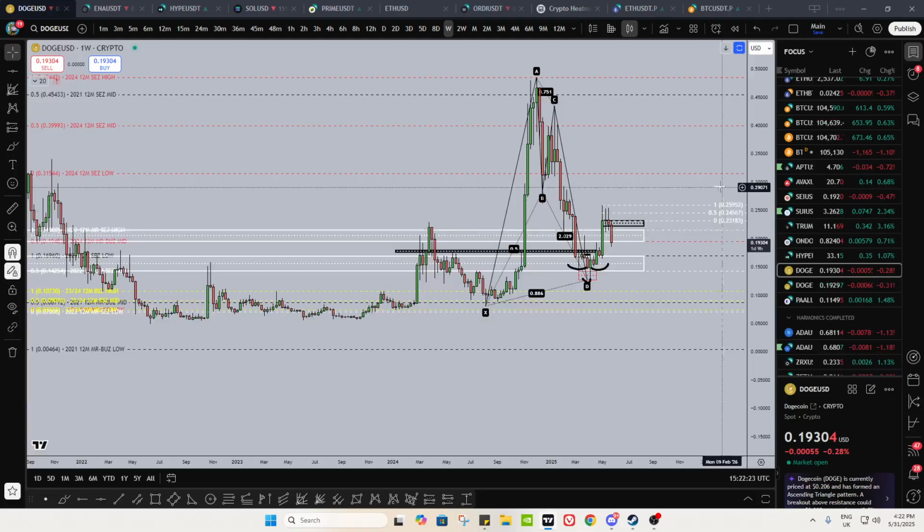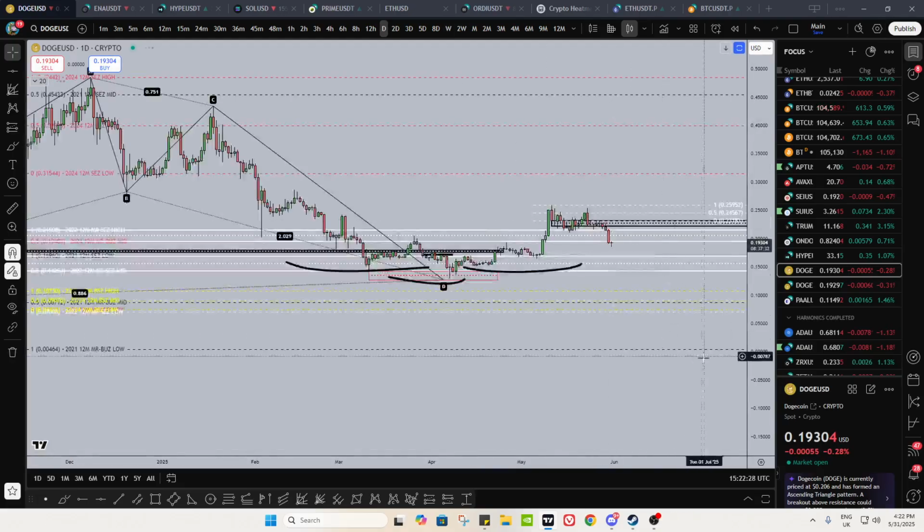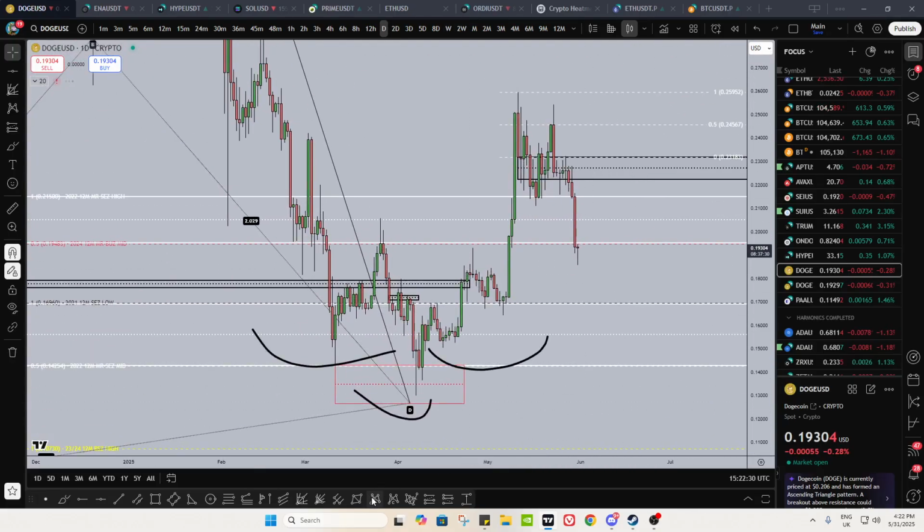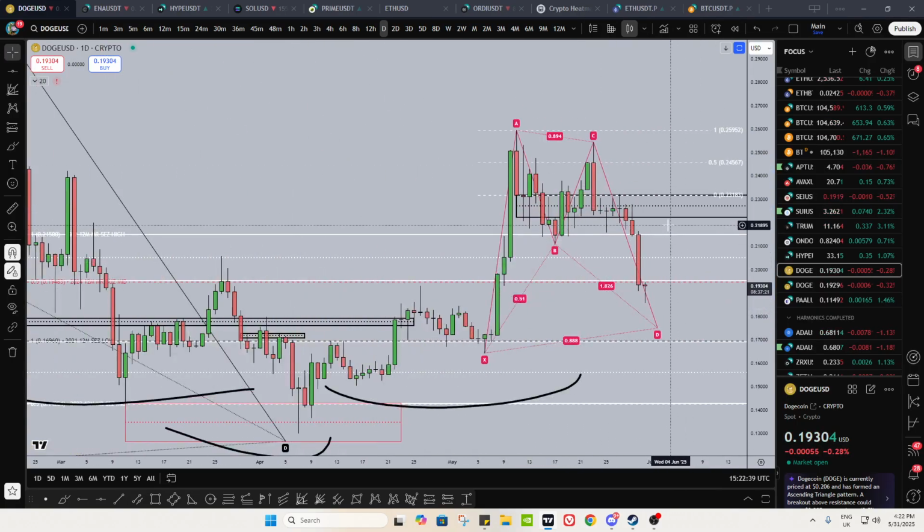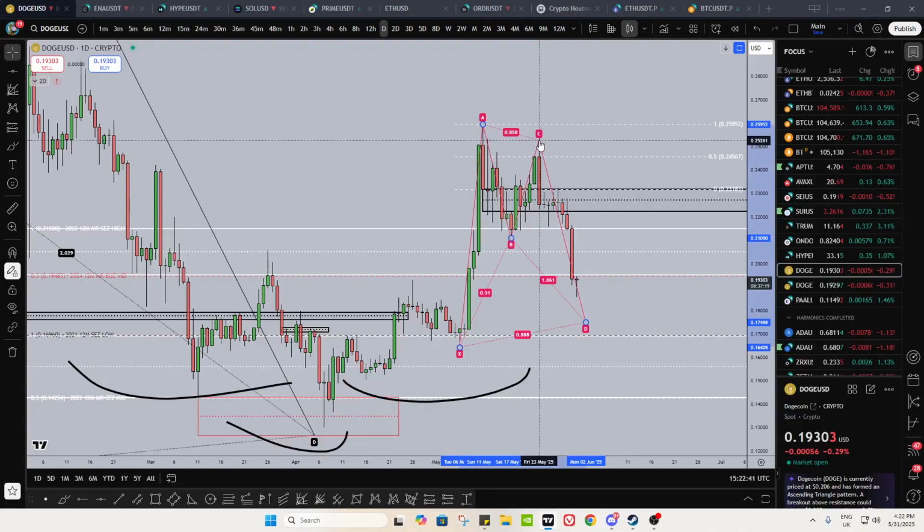Otherwise, let's see, yearly levels on the left and the local distribution levels on the right. Otherwise, what do we have? Well, locally speaking, that looks like a bat underway. 886, yeah, we do have a bat right over here. As much as I want that lower 886, guys, doesn't mean we need to get it, okay? Go with the trend.